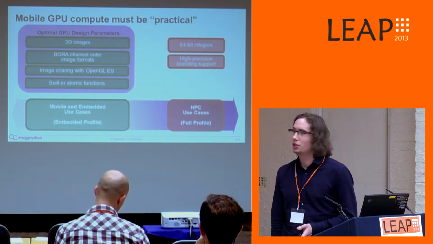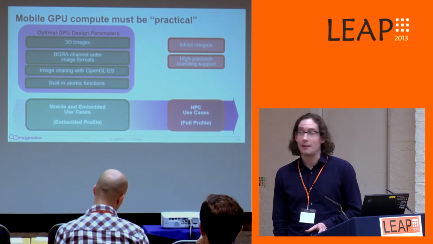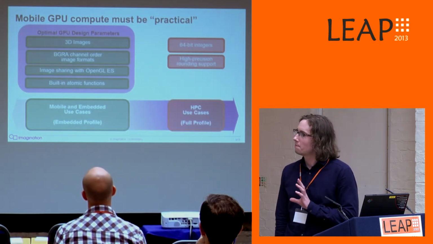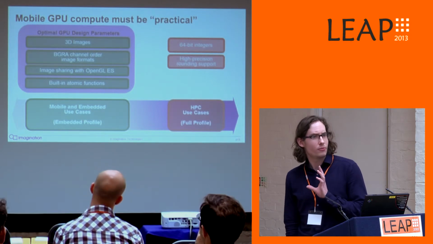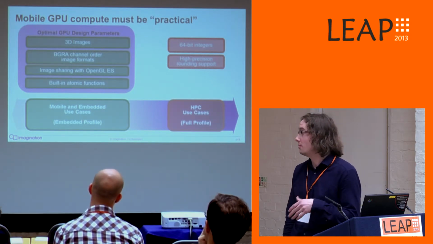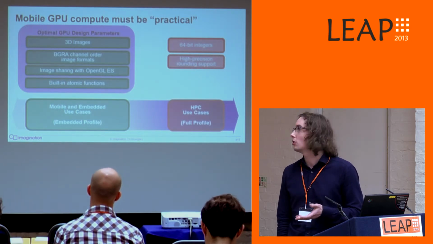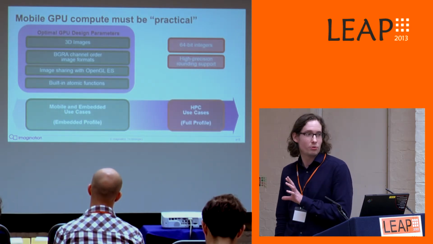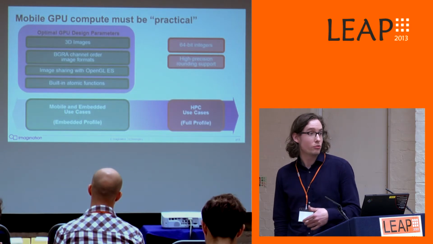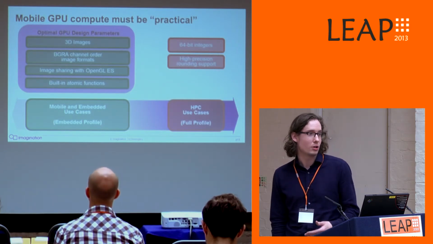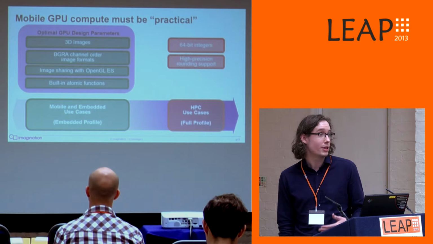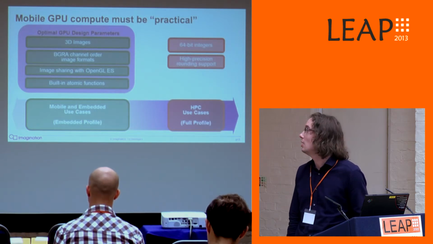What Imagination have done for their GPUs is take all the things from the full profile as well as the embedded profile that don't require this sort of high power cost. That's what we provide to OEMs, and through OpenCL drivers that are starting to emerge on phones, that's something developers can use as well.